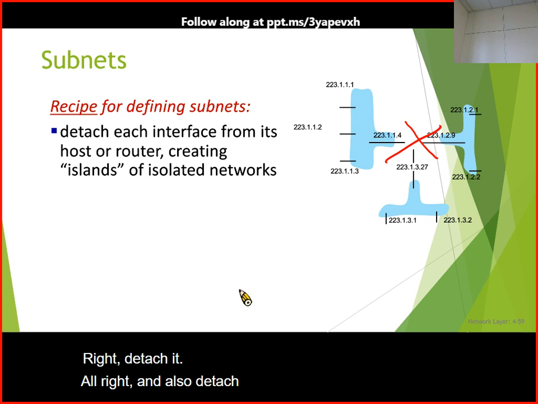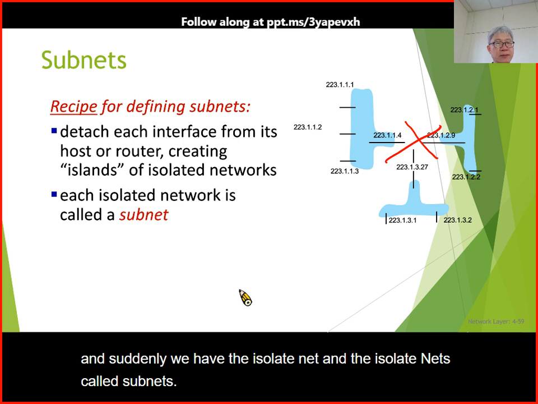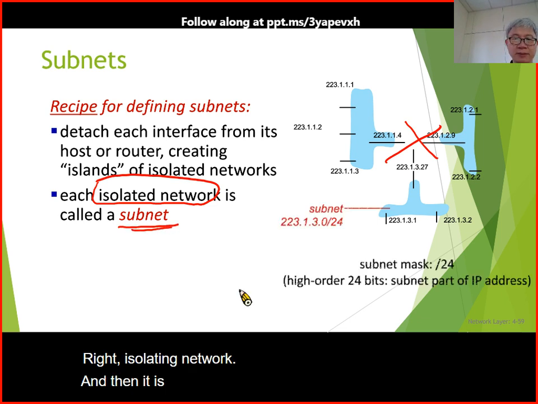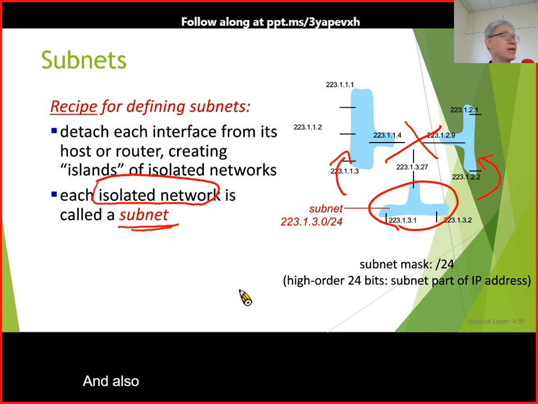So if we detach these, we have the isolated nets, and the isolated nets are called subnets. Right? Isolated network. And then it is called a subnet. And so that's a subnet here, and also the others. Alright, so this is a way to find the subnets.